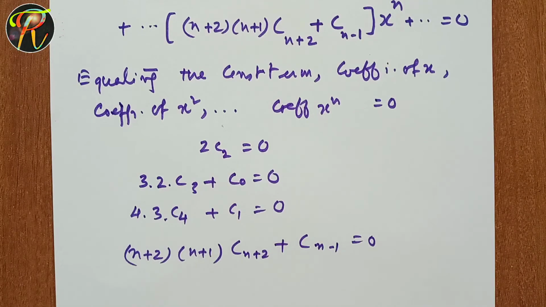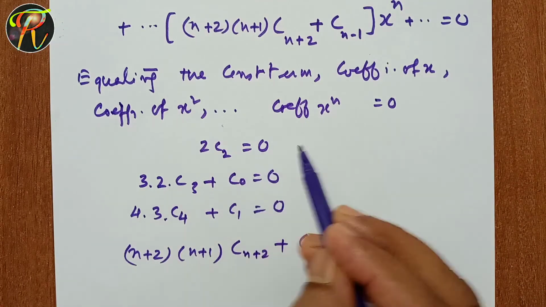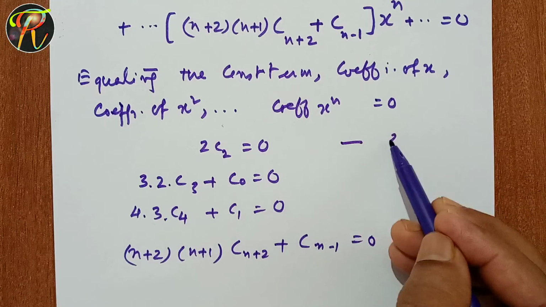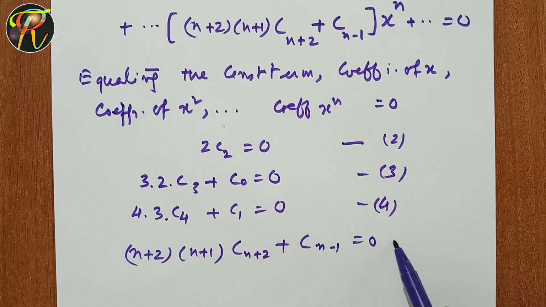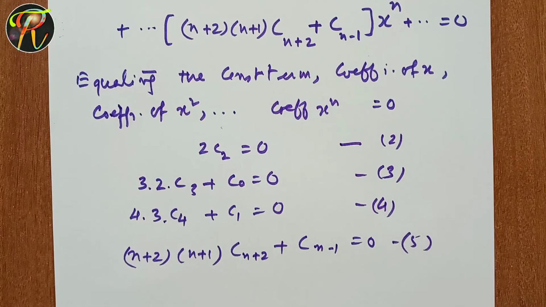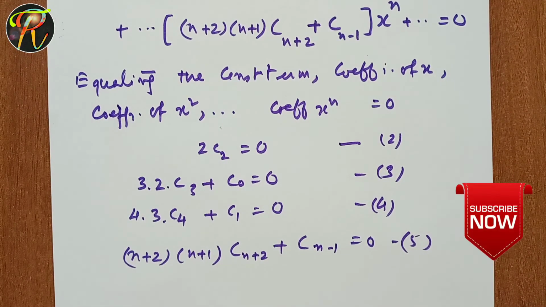First, from here we put 2, 3, 4 and 5. Our aim is to calculate the values of the constants c0, c1, c2, c3 and so on.